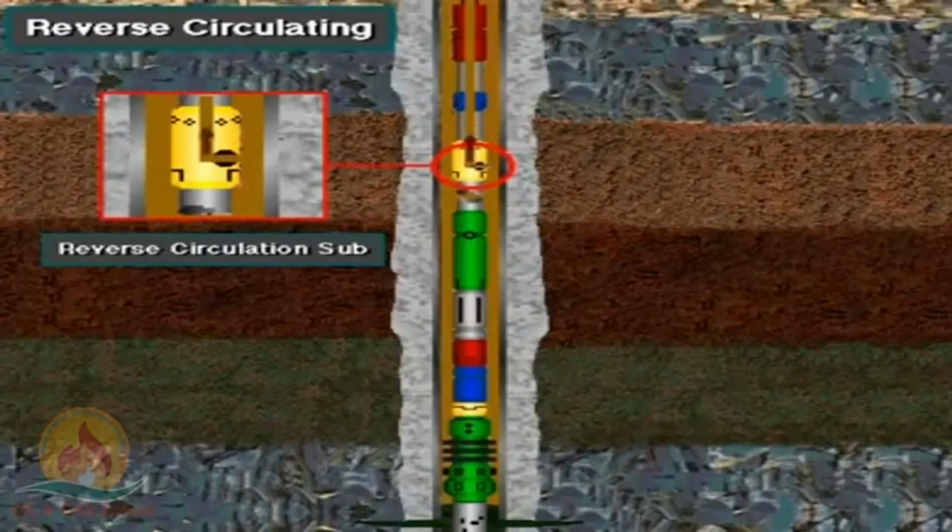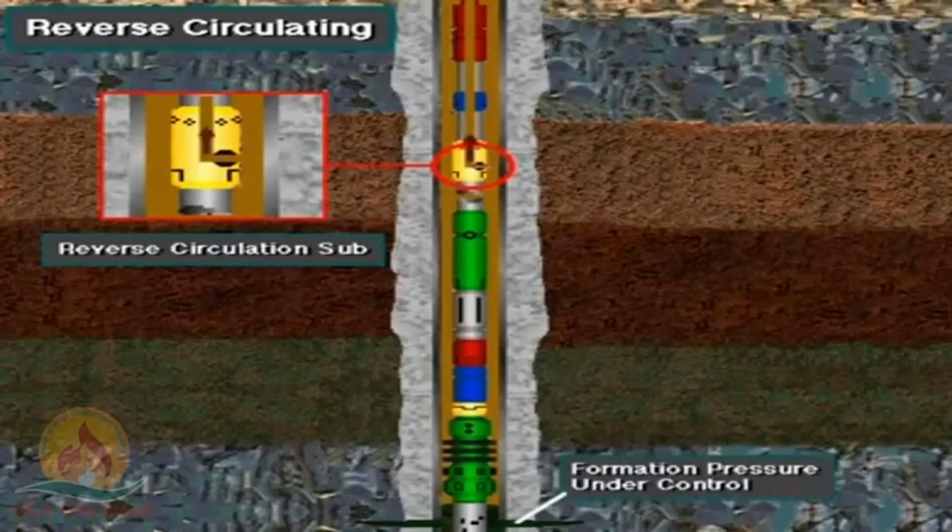With the sub open, drilling fluid reverse circulates down the annulus and up the tool and drill string to the surface. Reverse circulation pumps the remaining formation fluids out of the drill stem and puts drilling fluid back in. The drilling fluid kills the well. That is, the drilling fluid once again keeps the formation pressure under control.